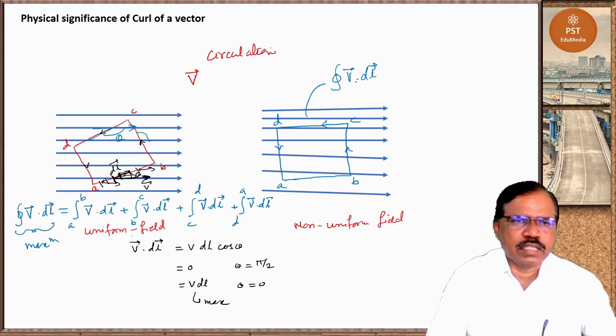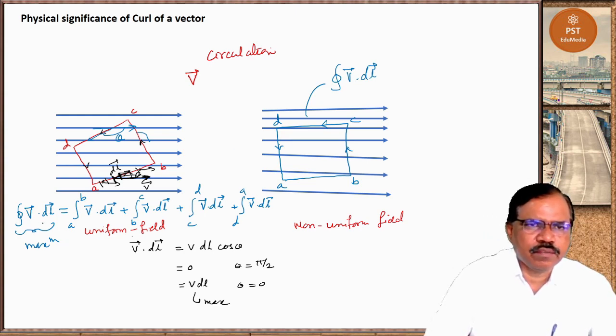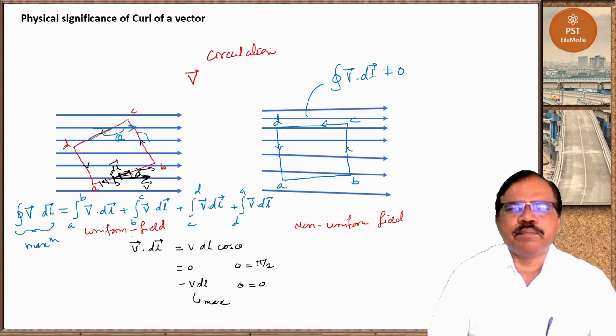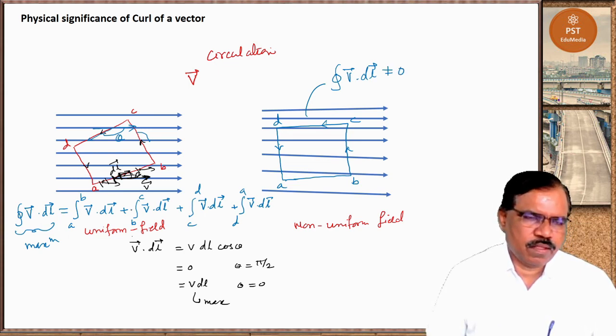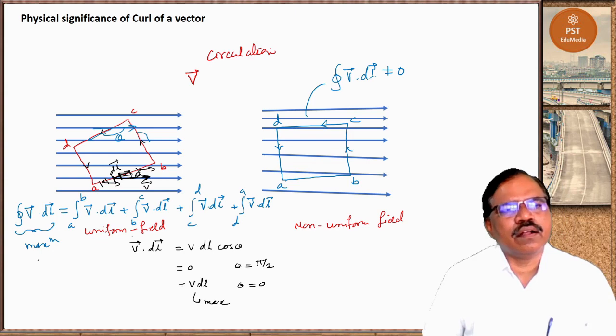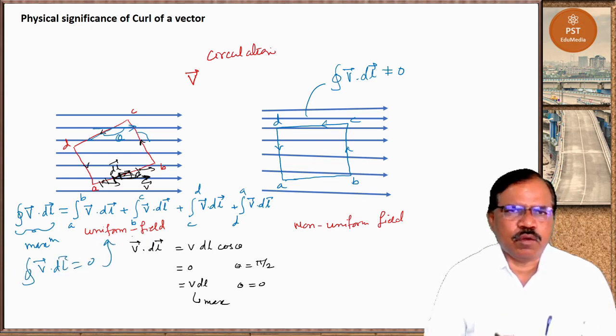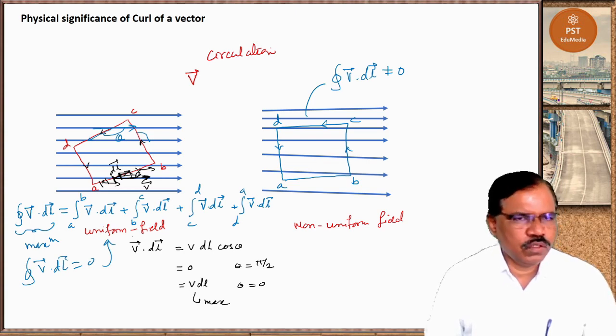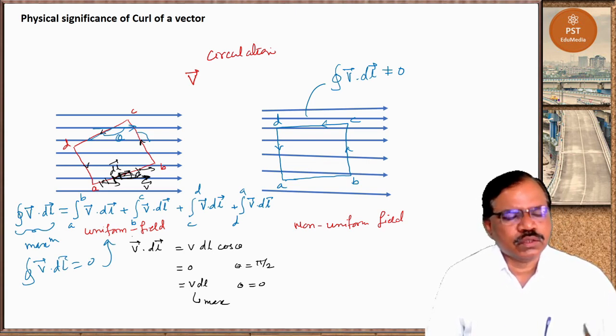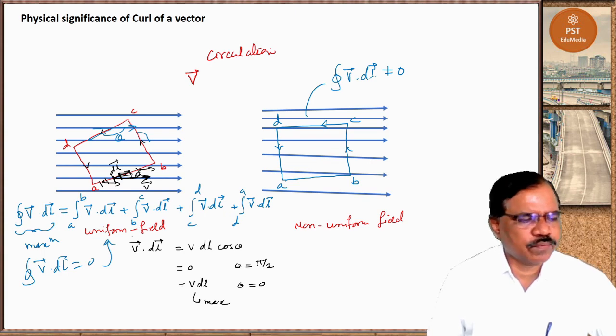You will observe that this V dot dl will be non-zero when the field is non-uniform, and integration V dot dl will be equal to 0 when the field is uniform. On the basis of this, we define curl.